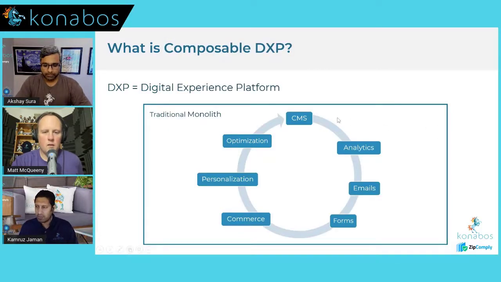With the ComposableDXP, what that is, so it's important to take a step back and look at what we are coming from, which is the traditional monolith. Now, those digital experience platforms that we've been used to using are a kind of all-in-one system.